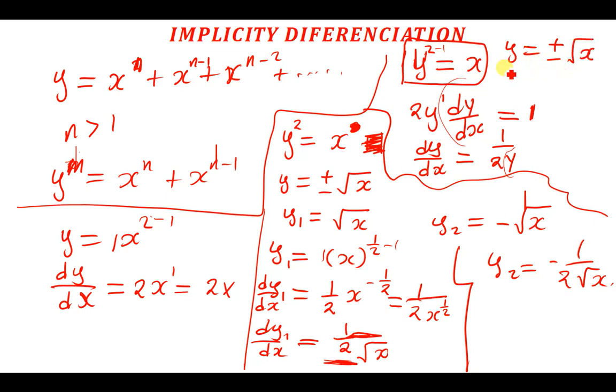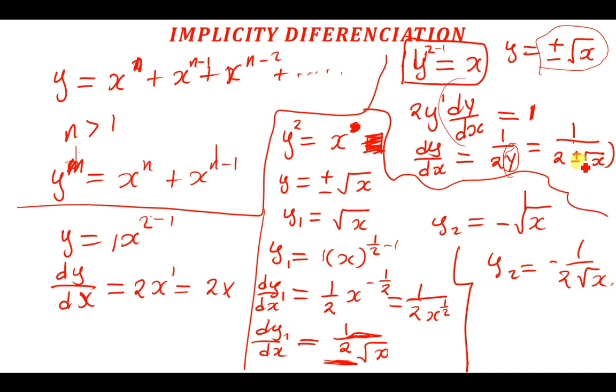Now we're going to replace this plus or minus the root of x where there is y. So we're going to have the solution to be 1 over 2 times plus or minus the root of x.